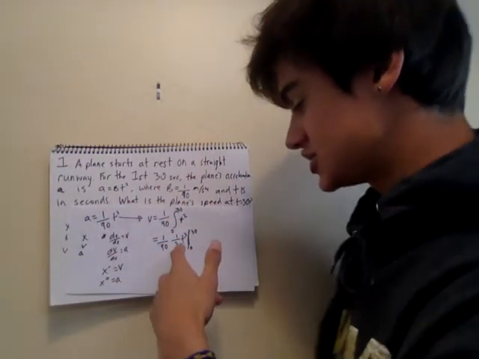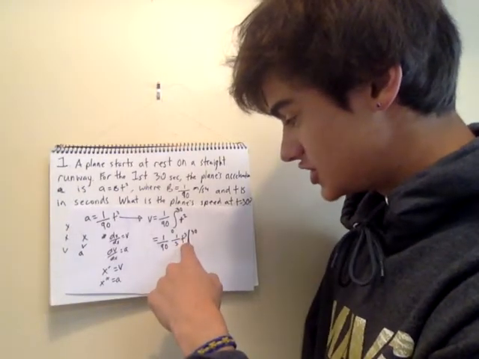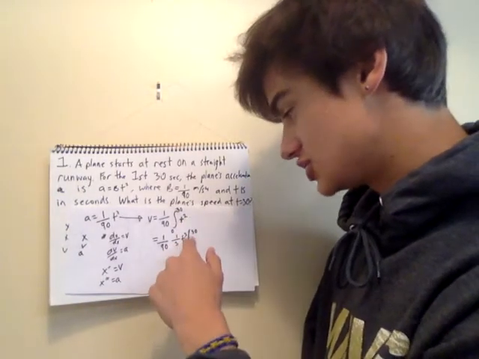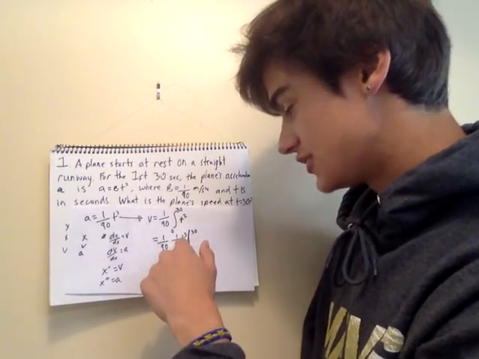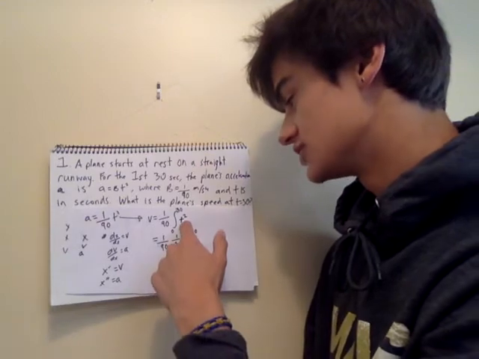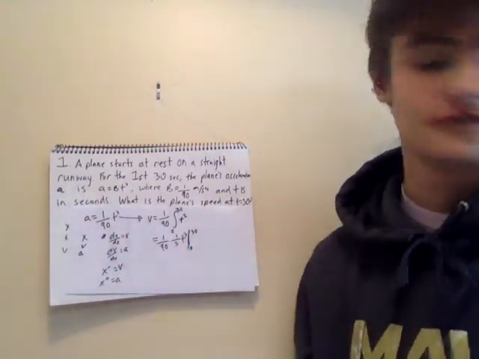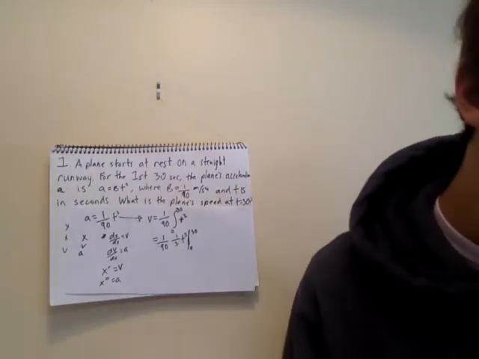What this means is if we go backwards and take the derivative of one third t cubed, we get t squared: 3 times one third gives you 1, and then we subtract 1 from the exponent, which gives us t squared. We're just doing the opposite of taking the derivative, which is taking the integral.